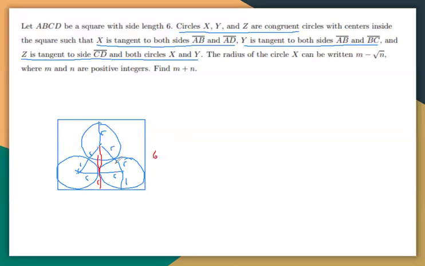We do know this is an equilateral triangle, which forces this angle to be 60 and this one to be 30. If you remember the 30-60-90 triangle, this is half of the hypotenuse, and R is given, so this height segment is going to be R root 3. Then R root 3 as the height plus R and R, which is 2R, equals the side length, which is 6.